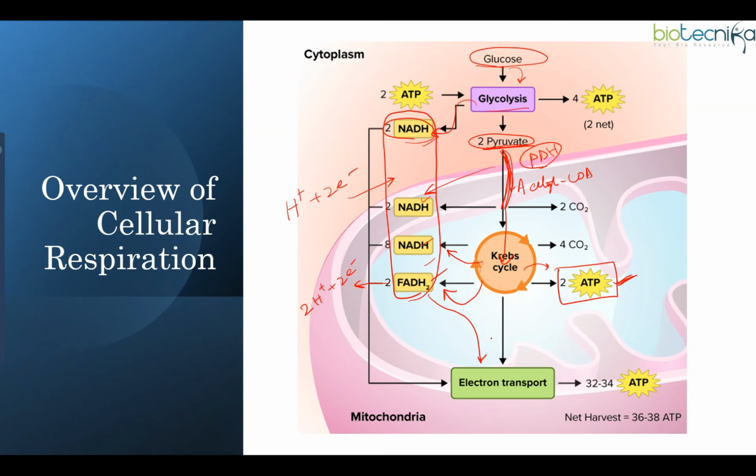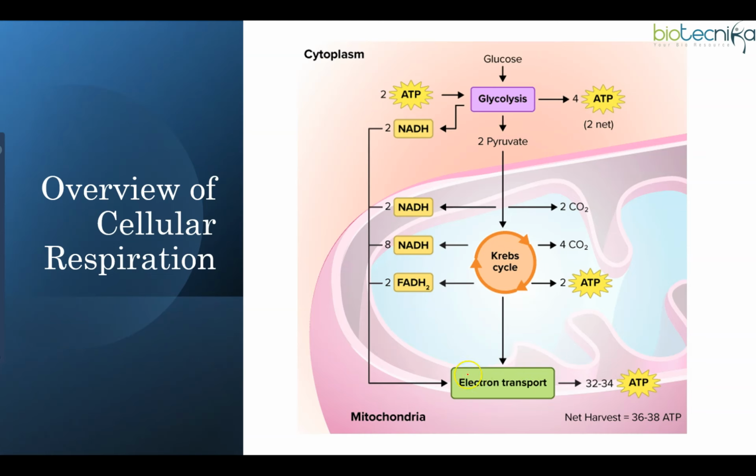From the cytosol, the NADH will come inside the mitochondria, and anyway the Krebs cycle takes place inside the mitochondria only. Mitochondria, as we all know, is a double membrane structure. The inner membrane of the mitochondria is thrown into folds, which are called cristae.